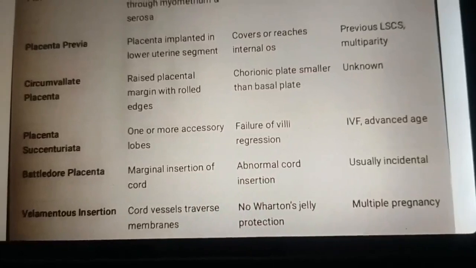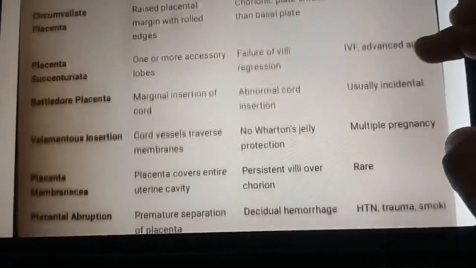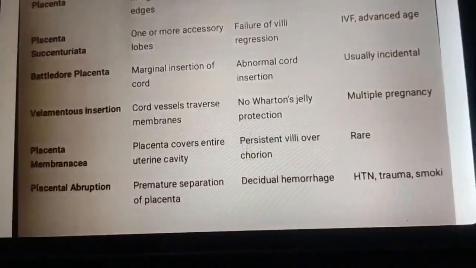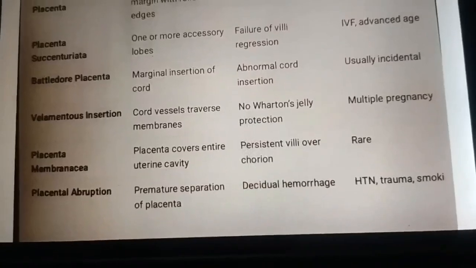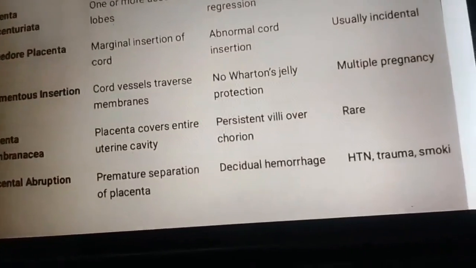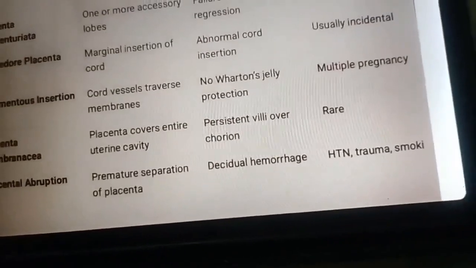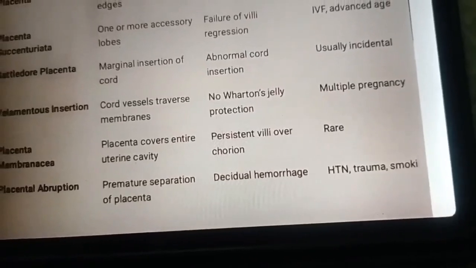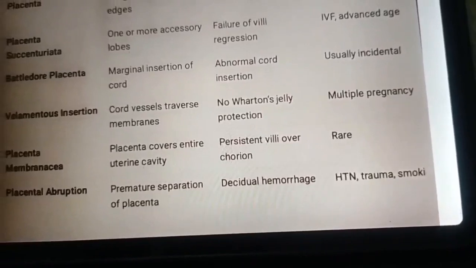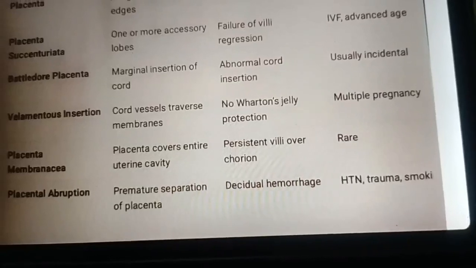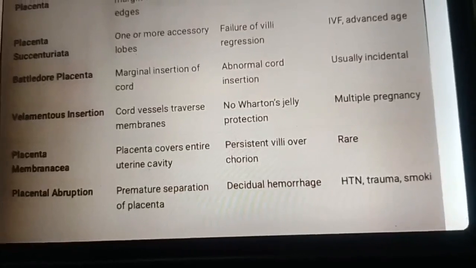Next, placenta membranica. In this, the placenta covers the entire uterine cavity, but the main pathology behind this is as follows. Normally, the fetal side of the placenta develops from the chorion frondosum, and chorion laeve forms the fetal membrane.